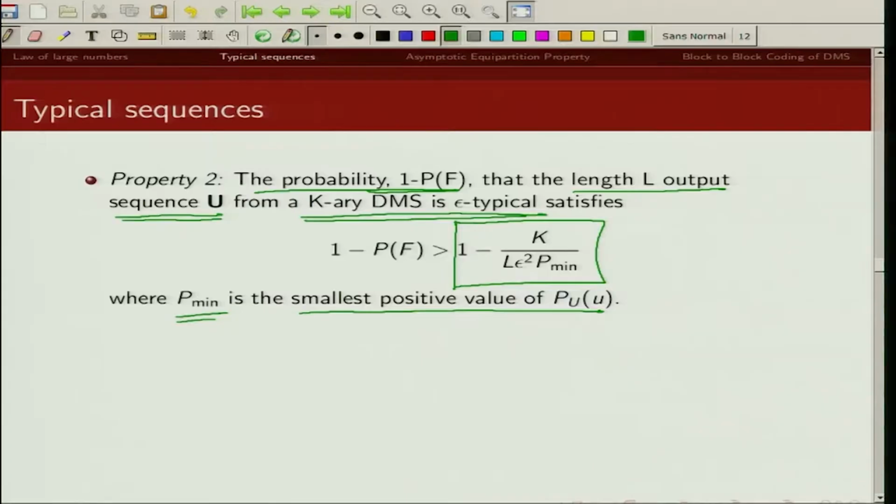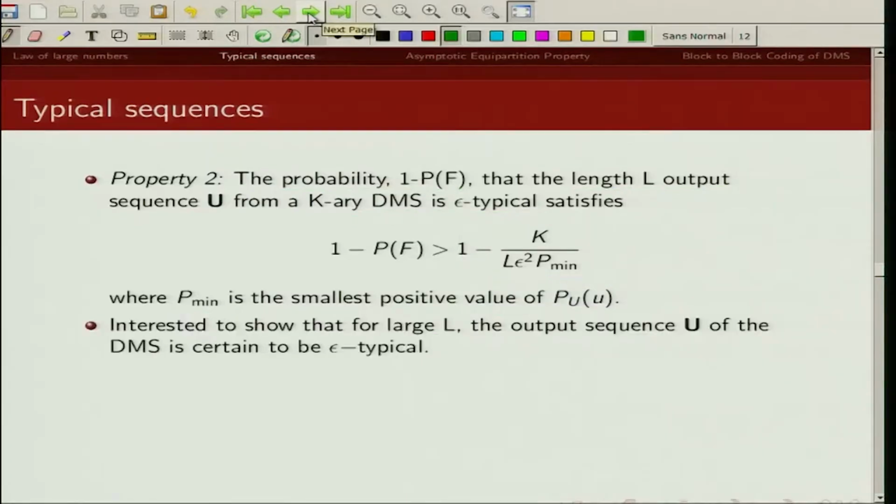So let us prove this. The consequence of this property would be when L is very large, this quantity will essentially go to 0. Then what we are essentially trying to say is when L is very large, probability of occurrence of a non-typical sequence is very, very small.